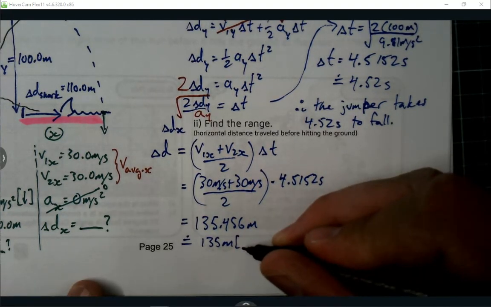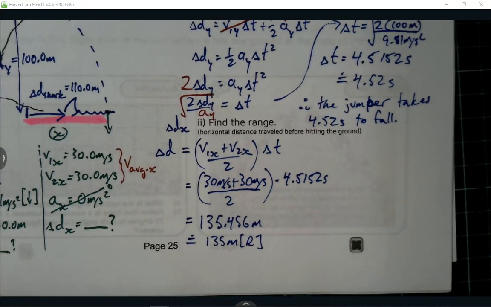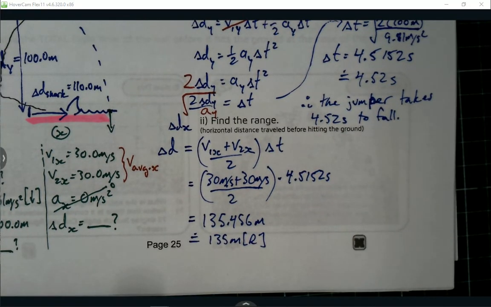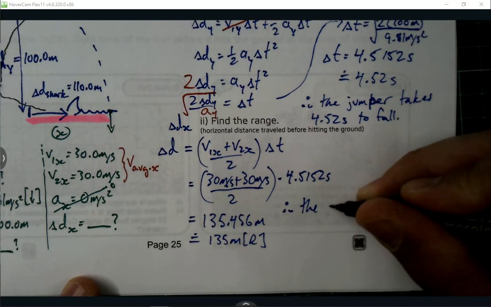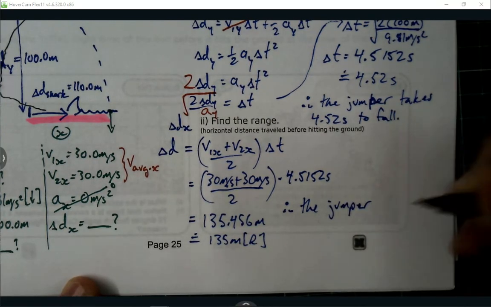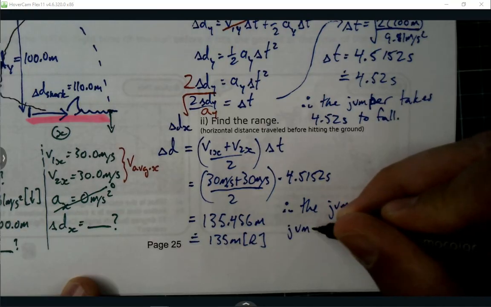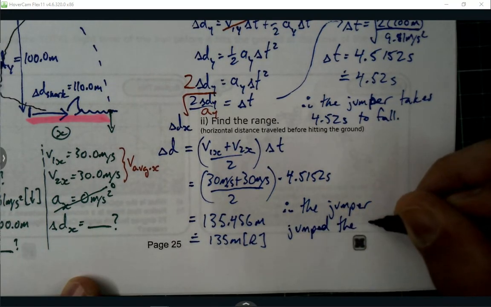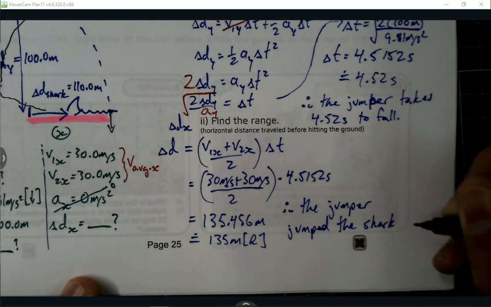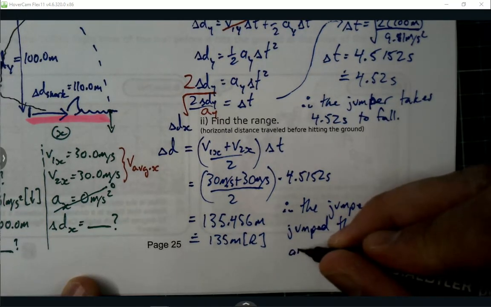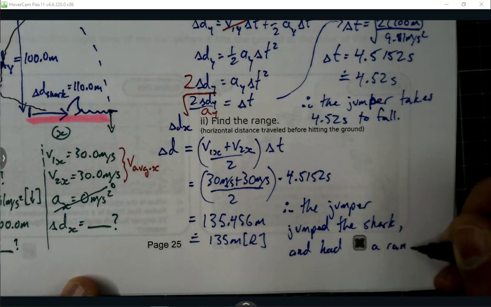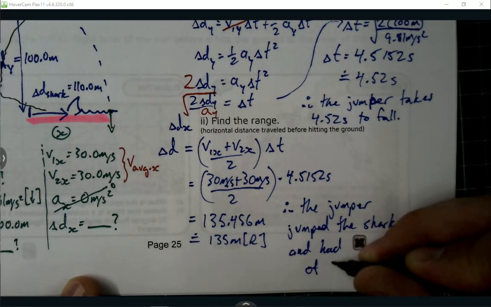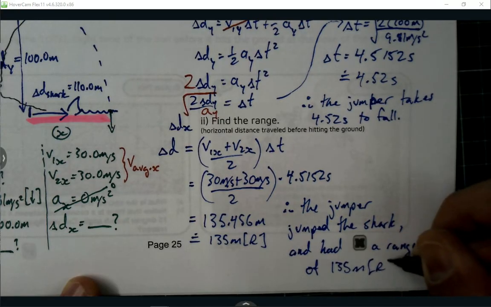And I might ask, and I could even say to the right, I might ask the question, did we jump the shark? Okay, so therefore, the jumper jumped the shark and had a range of 135 meters to the right.